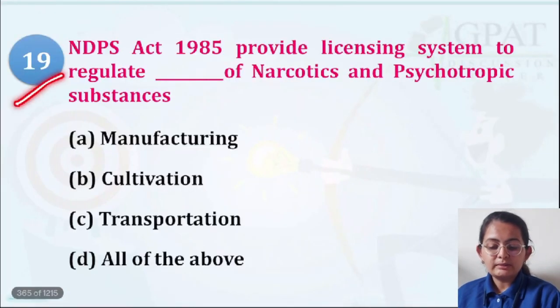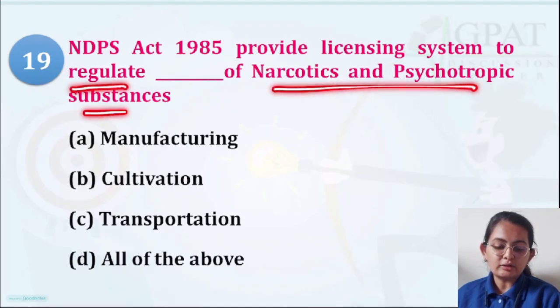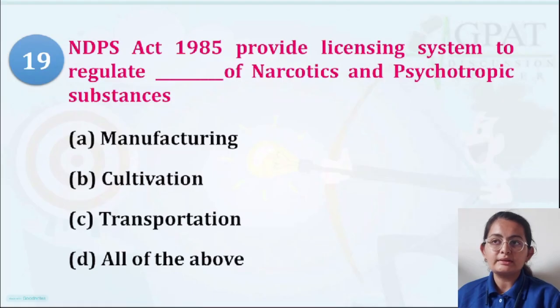Okay. Question number 19, the second last question. The NDPS Act provides a licensing system to regulate dash of narcotic and psychotropic substances. This provides regulation for what? Manufacturing, cultivation, transportation, or all of the above. What do you think? Yes. Each and everything is regulated.